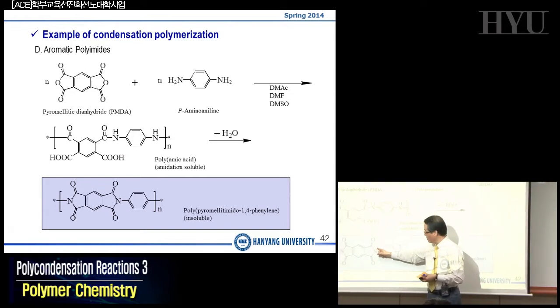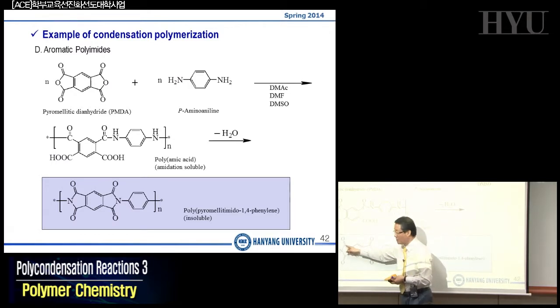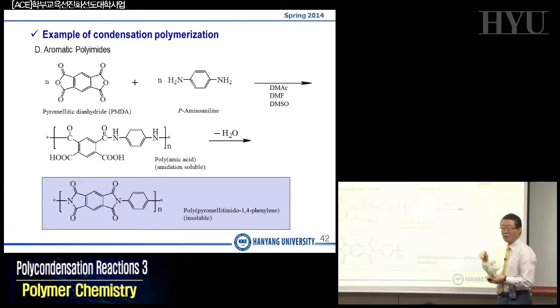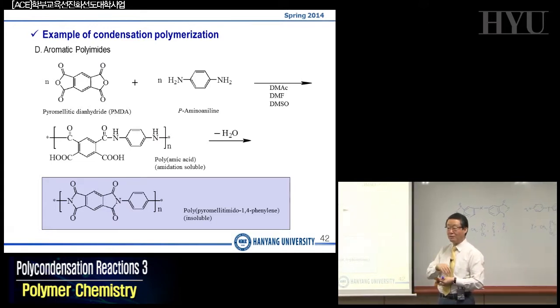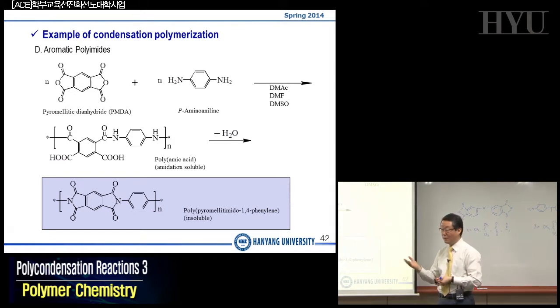But you have one unshared electron pair, which may act as a double bond, so that you have a double bond, electrons, double bond, electrons, double bond, stuff like that. Because of this conjugated structure, if you look at the UV spectrum, the absorbance will appear at a little higher wave number, so that it imparts this color.